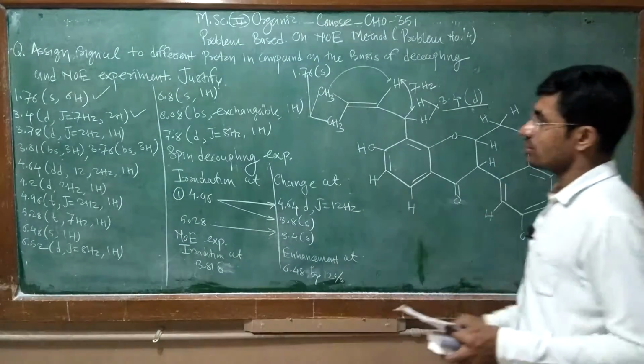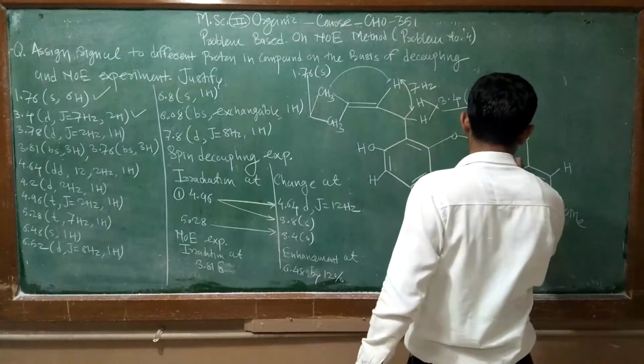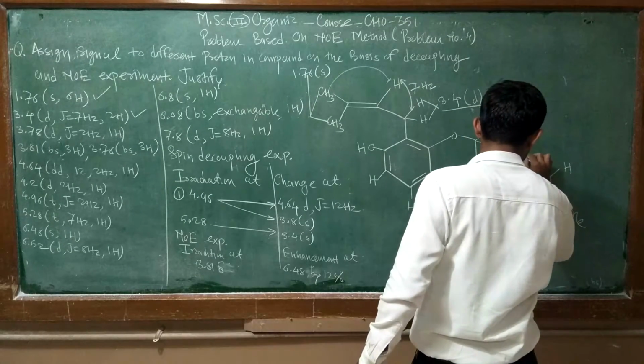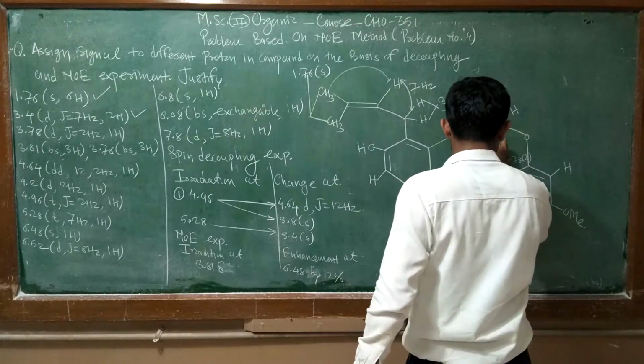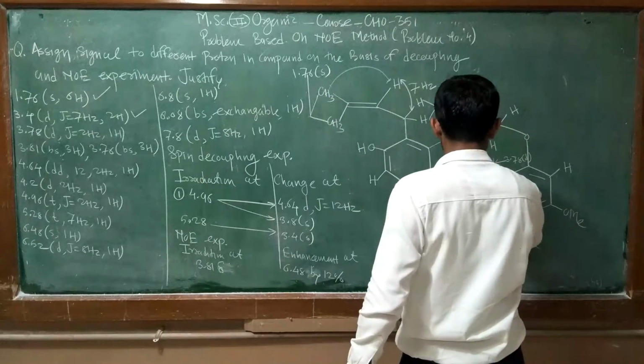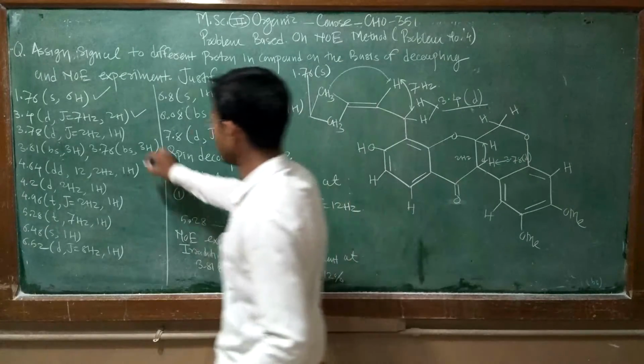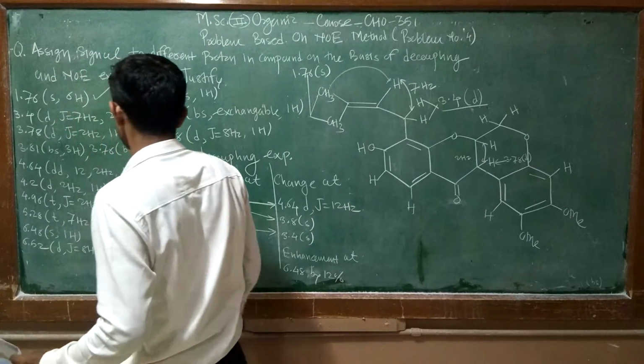So because of that this value is just 3.78 and 1 proton. So this shows the doublet. This is coupled with this with a coupling constant, vicinal coupling. So because of that we observe the value 3.78.